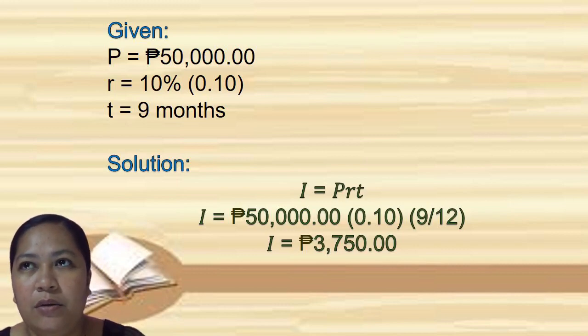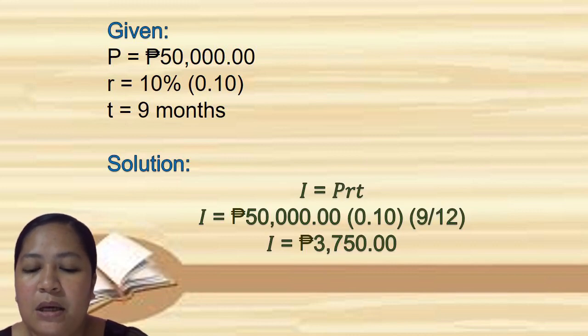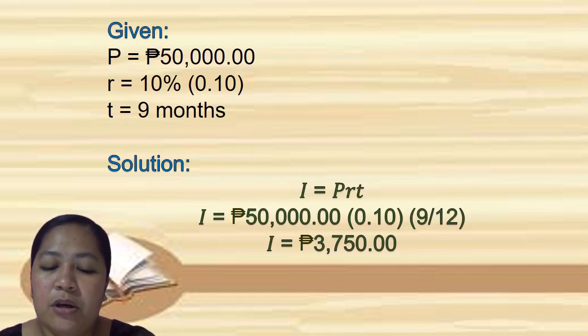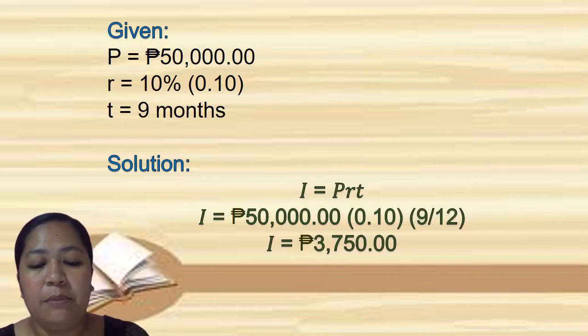The given numbers in the problem are the 50,000 principal amount, 10% as our rate, which we can change into 0.10 in decimal, and the time, which is 9 months.